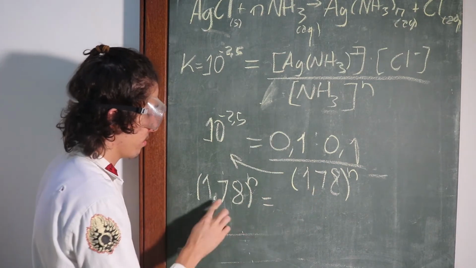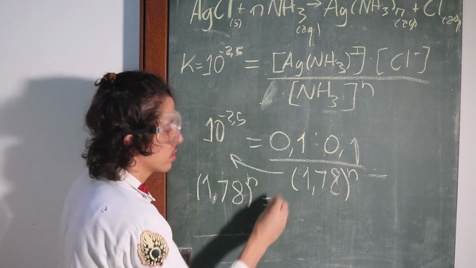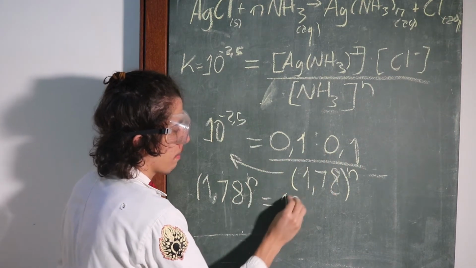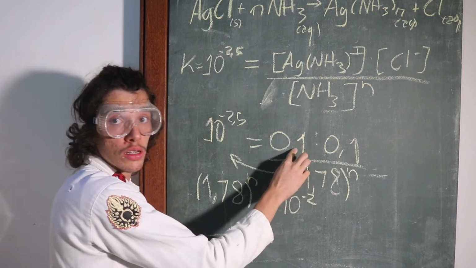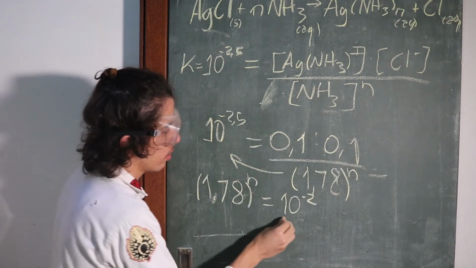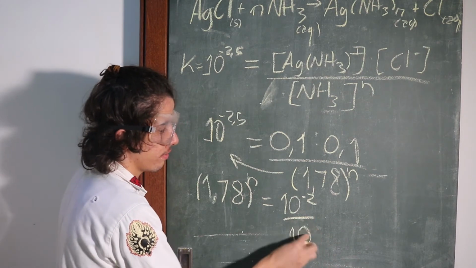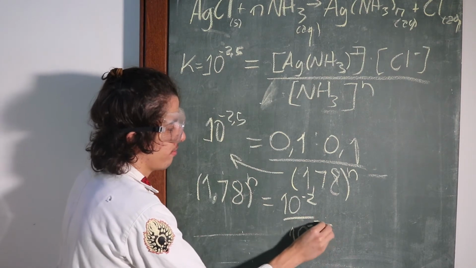I'm sorry if you're not familiar with that, but sometimes I'm going to make this mistake. So it's going to be 10 to the minus 2, because this is 10 to the minus 1 times n to the minus 1, nothing strange, divided by 10 to the minus 2.5.